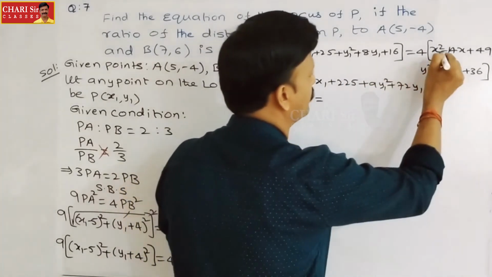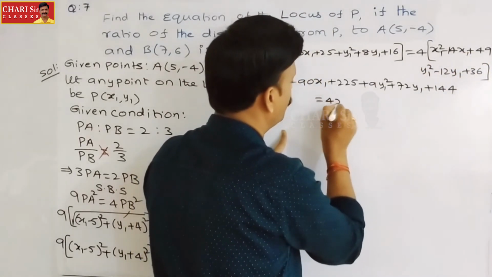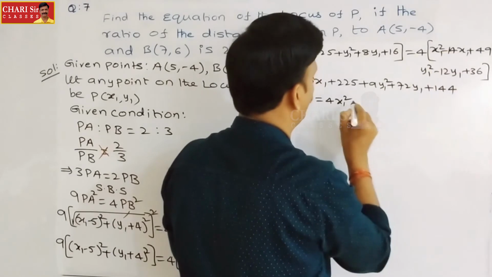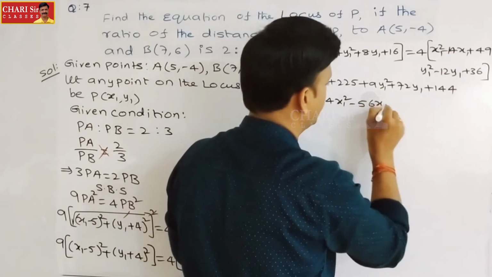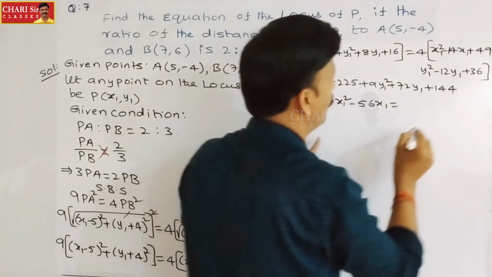That is equal to 4 into x1 square, that is 4x1 square, 4 into 14 minus 56x1, 4 into 49, that becomes 196.